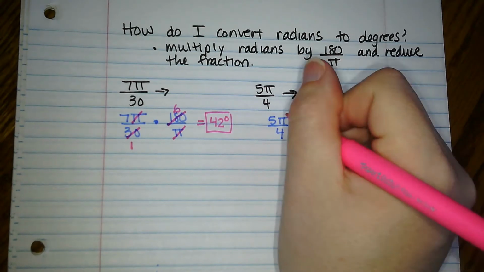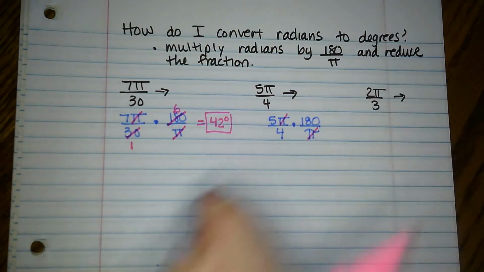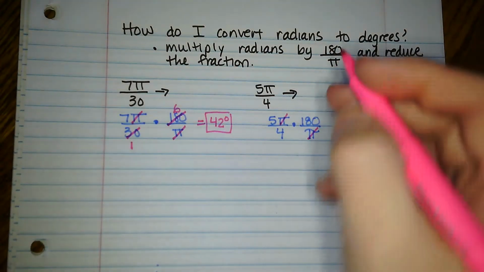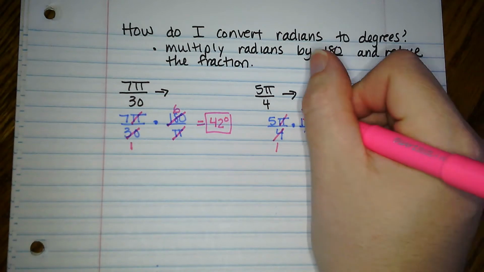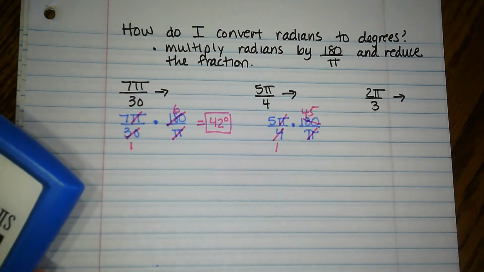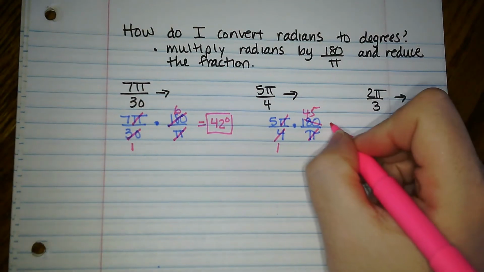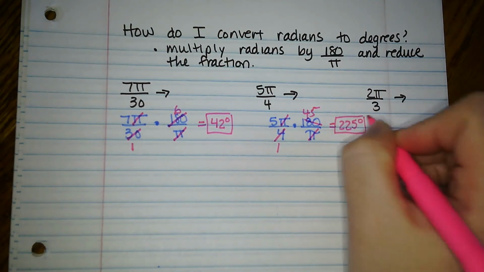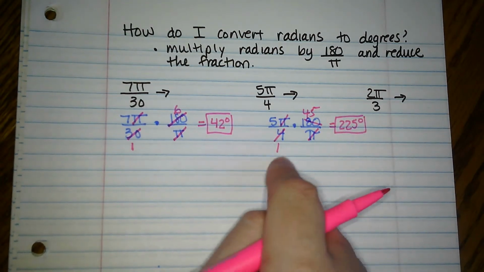The pi's cancel. 4 does divide into 180, and I think it's 45. Yep. And I'm going to do 5 times 45, and that will give me 225. And that's what we got on our last one, 225 degrees. So that's kind of how you do this.